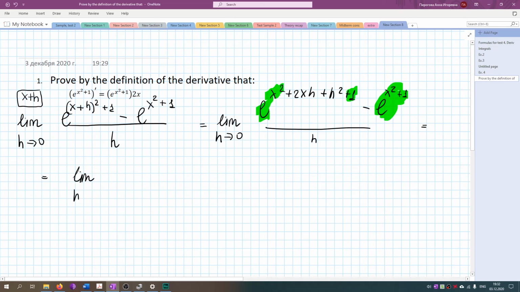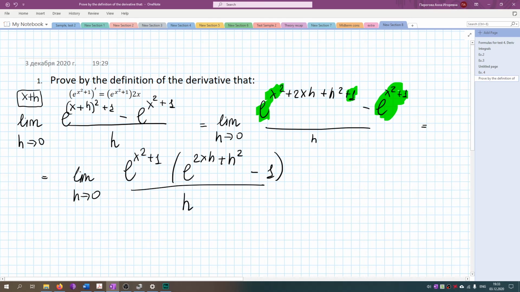So the limit, with e to the power of x squared plus 1. Here we are left with 2xh plus h squared, and here just 1, divided by h.